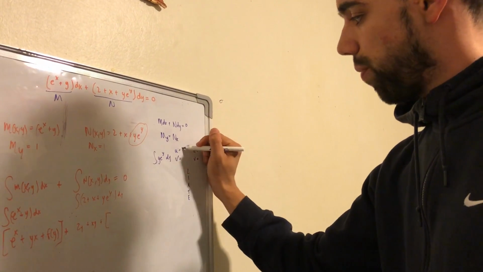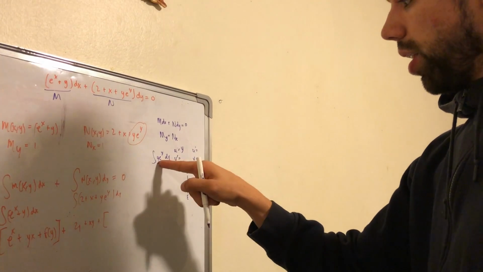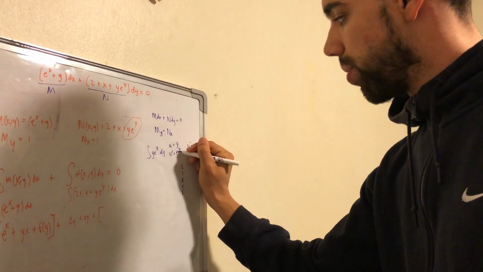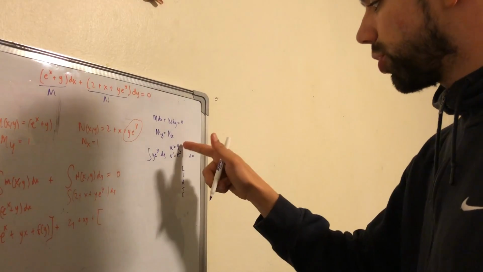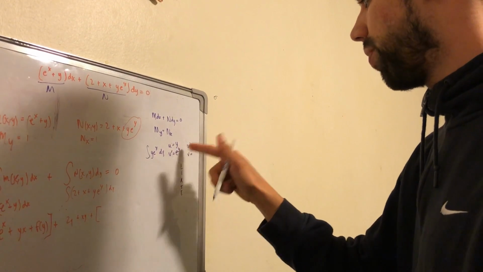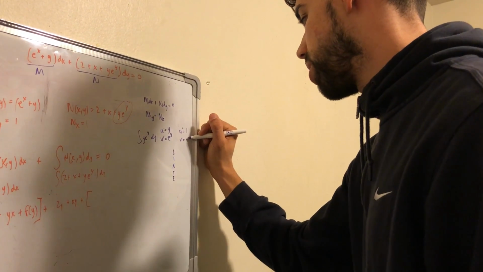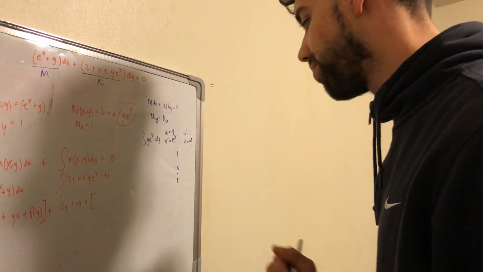So we have y, and then the other function will simply be put on the bottom right here, so e to the y. The derivative of u in this case would be 1. The integral of v prime is just e to the y.